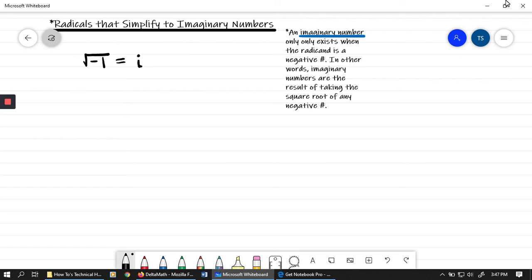It's not a j, not a backwards j, or anything like that. It's an i. So the square root of -1 is equal to i, and i is your basic imaginary unit.